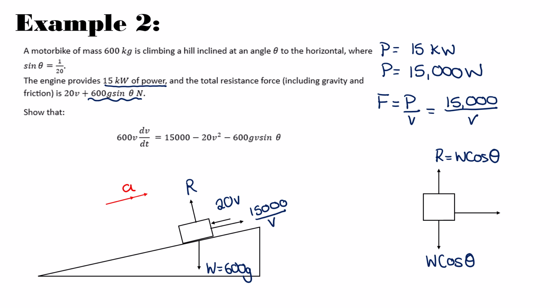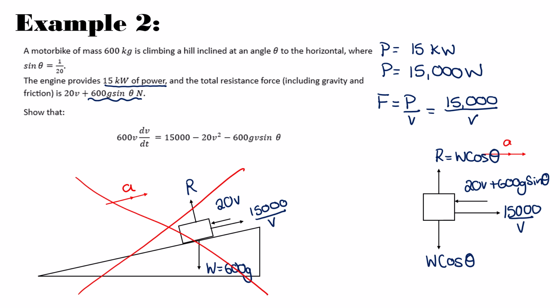We then have this tractive force, this force that's pushing it forward, and we have this full resistive force, which is 20V plus 600 G sine theta, and there's our direction of motion. So this diagram is actually not needed at all because they've given us that total resistance force.